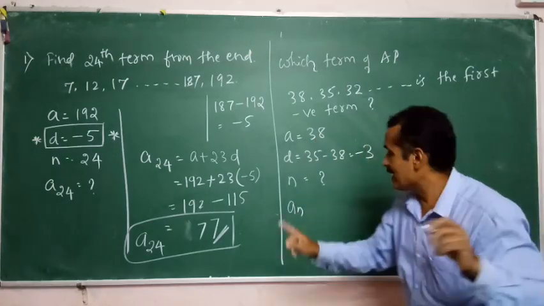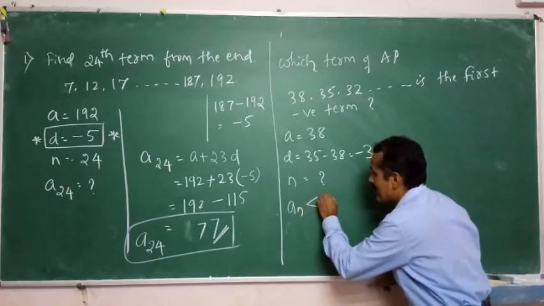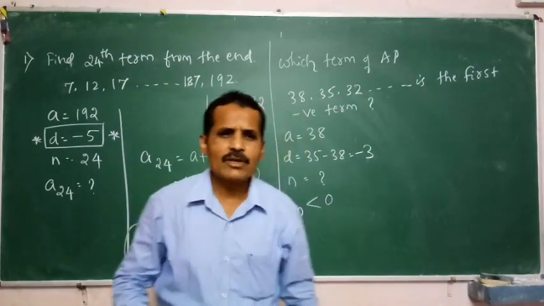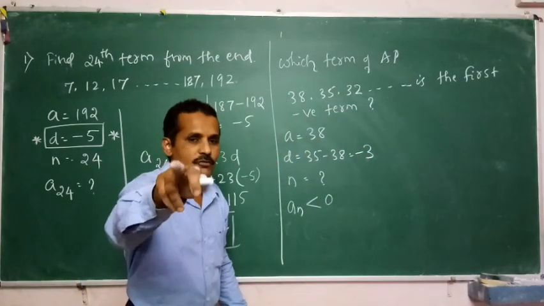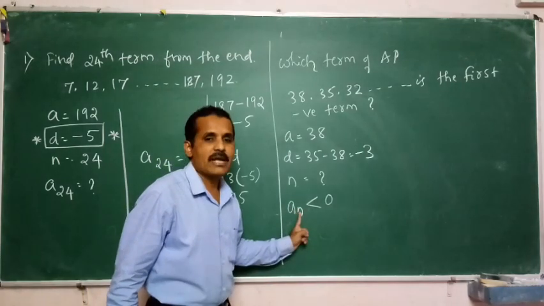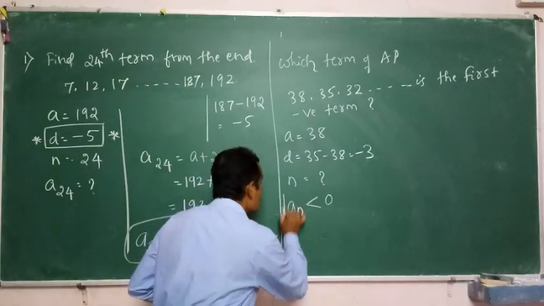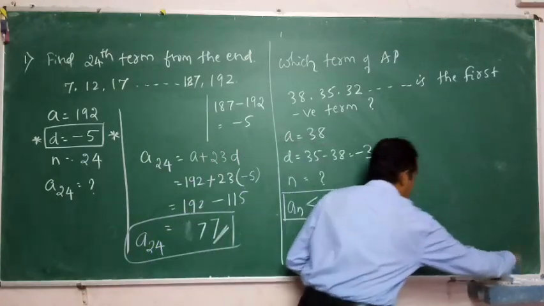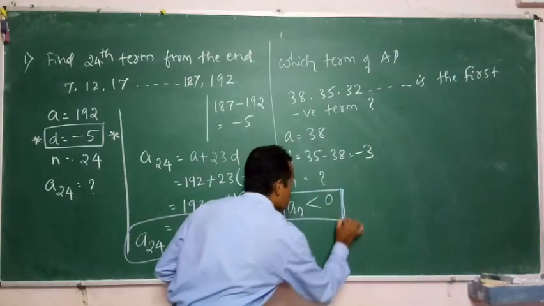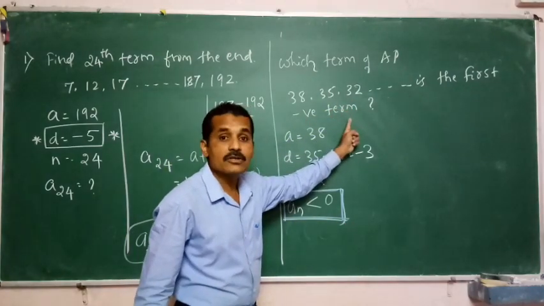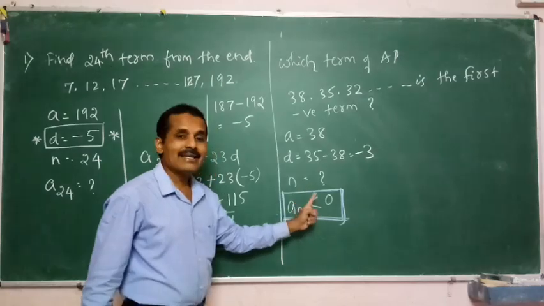But I can say AN is less than 0. I am not interested to check which is the first negative number, but I can tell you very confidently, whatever negative number I am getting will be less than 0. This is a very important point to be noted whenever they ask you the first negative term. So, AN must be less than 0.